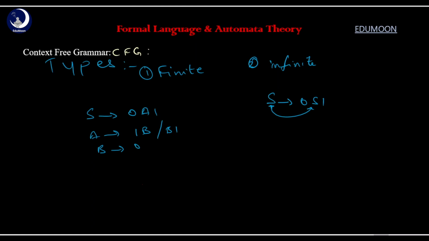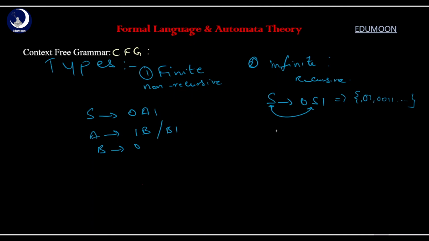So these are called recursive grammars, and the finite grammars are also called non-recursive. They are called infinite because the set of strings generated is infinite. Like in this grammar, we know the strings are 01, 0011, and so on. It gives us infinite strings, right?